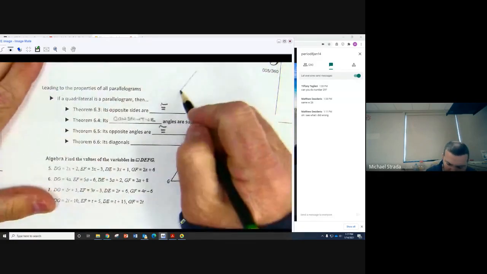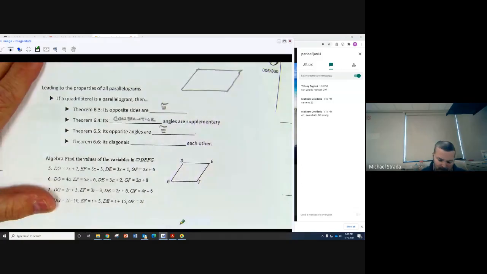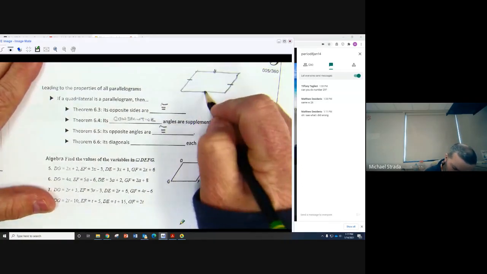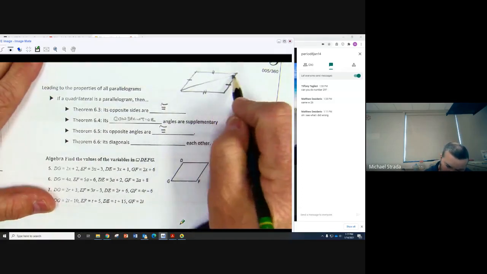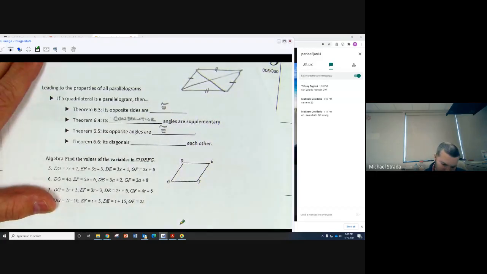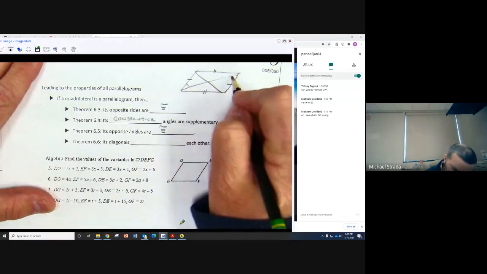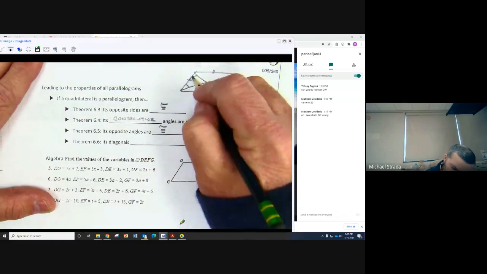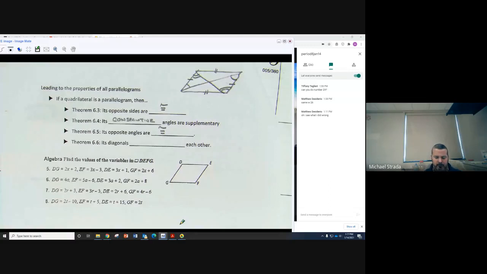And then if we look at a parallelogram and include that information, now that's congruent to that. That's congruent to that. All right, if we draw in the diagonals, these lines are parallel. So that angle is congruent to that angle, and this angle is congruent to that angle by alternate interior angles.